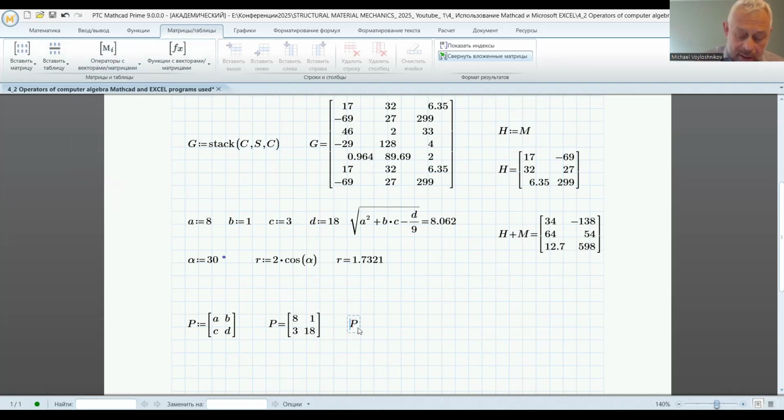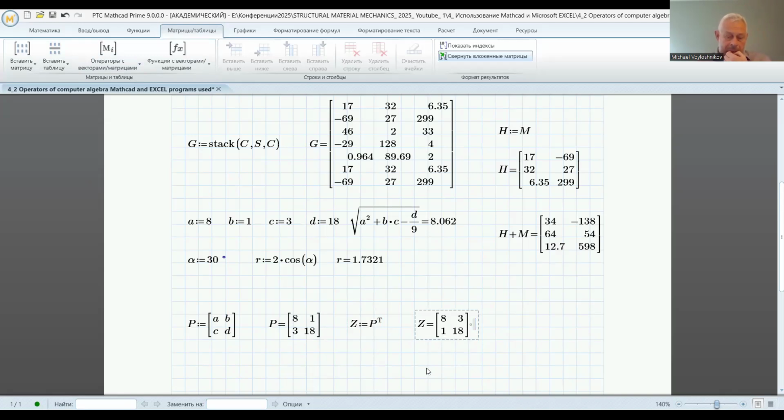Another matrix, like Z, is assigned the transposed P. So this is the sign of the transposition of a matrix. And what is Z equal to? Z equals the transposed matrix, symmetric by the main diagonal to the matrix P.